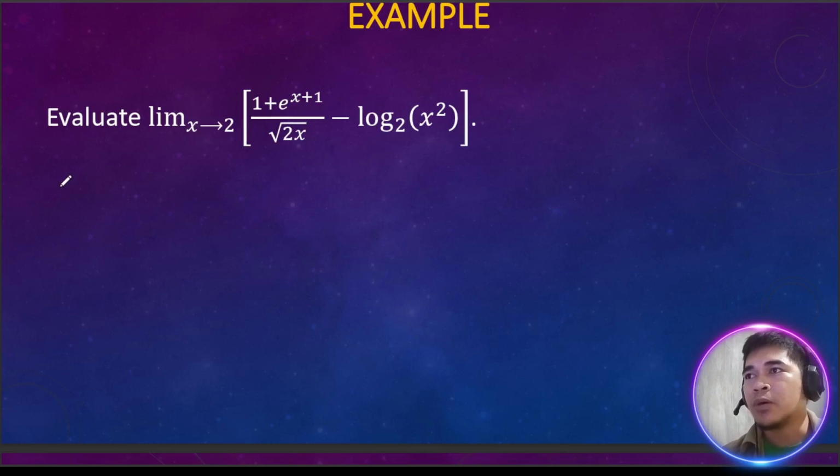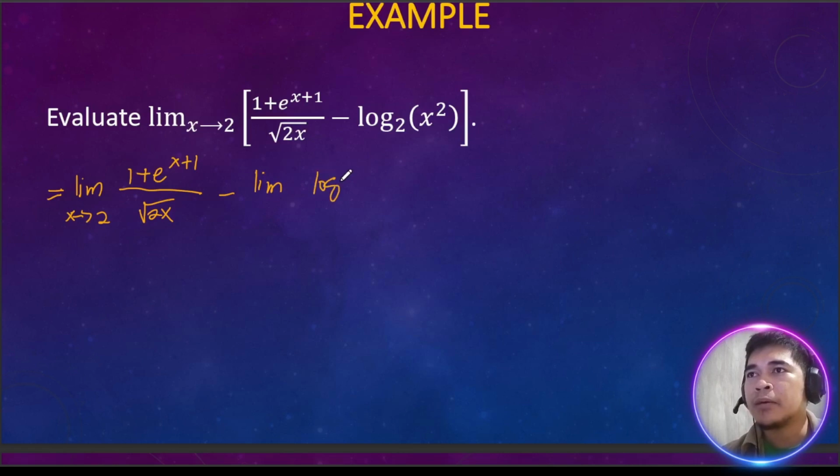So first, it equals the limit of 1 plus e to the power of x plus 1 over the square root of 2x, as x approaches 2, minus the limit of the logarithm of x squared with the base of 2 as x approaches 2.